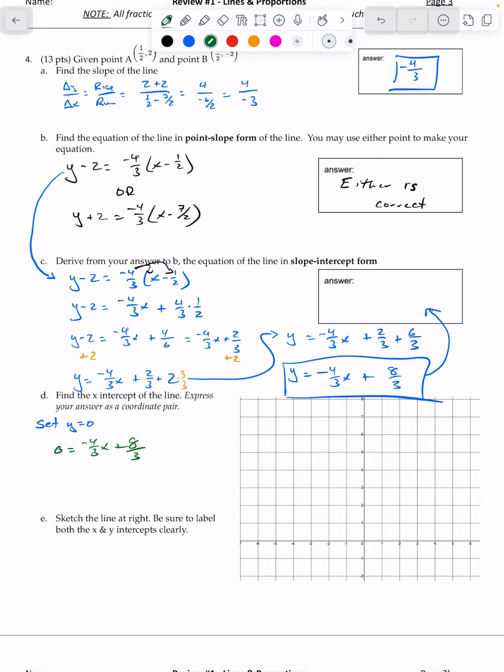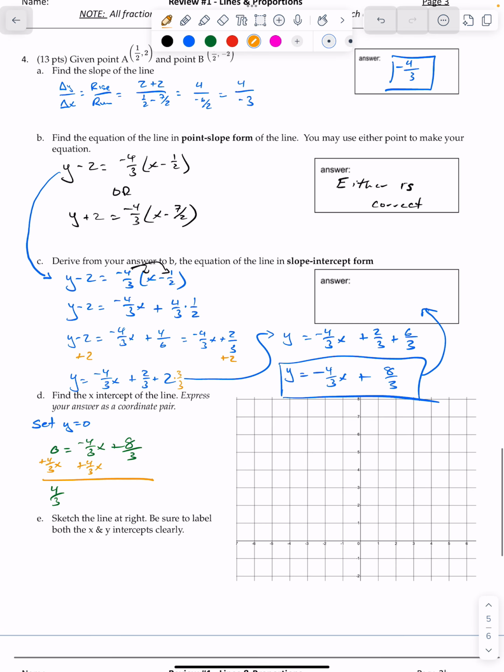So if I add 4/3 x to both sides, oh, sorry, I have to do it to both sides. Four-thirds x equals 8/3. So clearly x is 2, but we'll finish it out here.